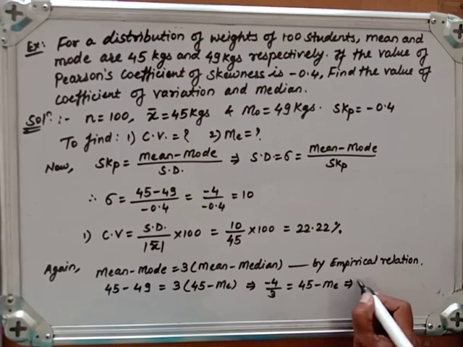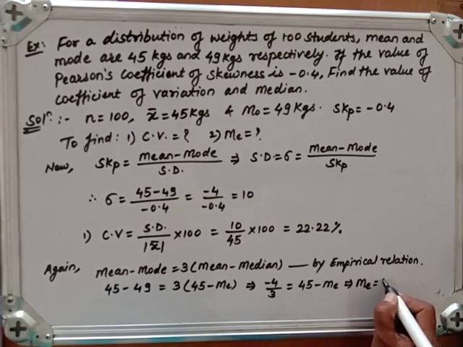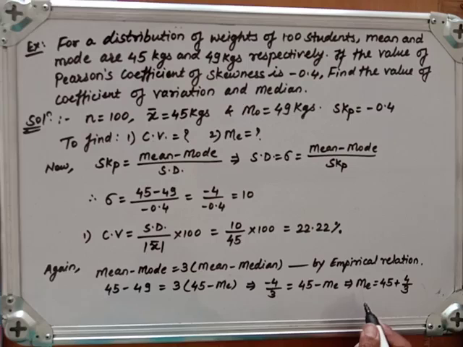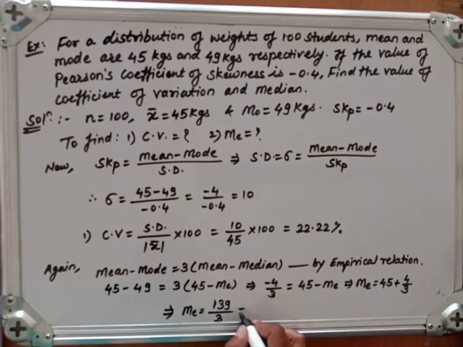So we get median is equal to 45 plus 4 by 3. That simplification will be: median is equal to 139 upon 3, which is 46.33.